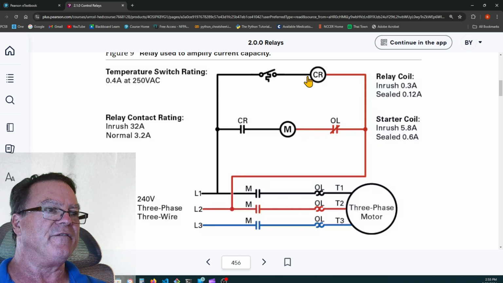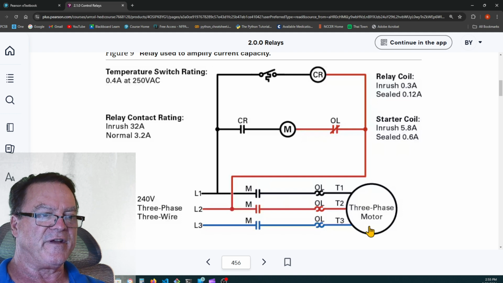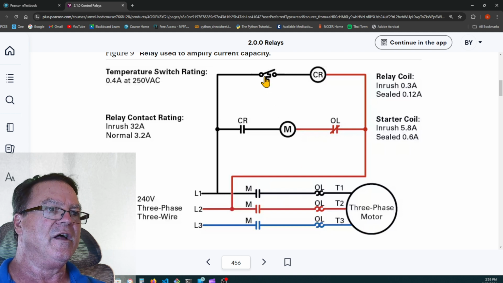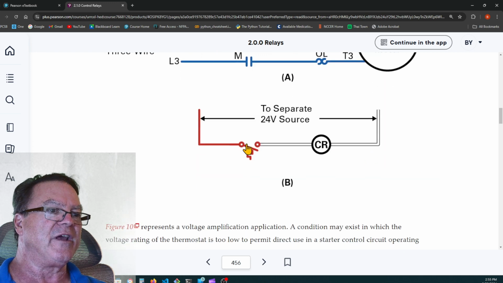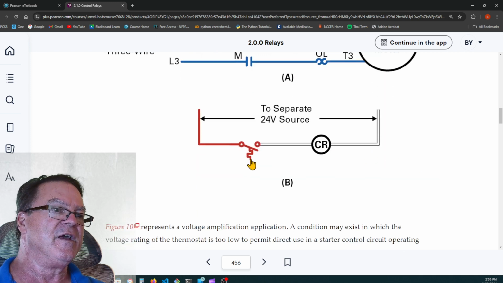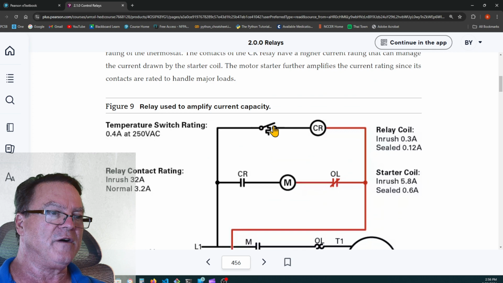So here we're using a very small amount of current to control this motor contactor that controls the larger current of the 3-phase motor. Notice how this is normally closed, held open. And then in figure 10, they have a thermostat that's normally open, held closed. So you'd have to heat up a room in order to close this one, whereas with this one, you'd need something to cool off to a certain point in order to actuate it.